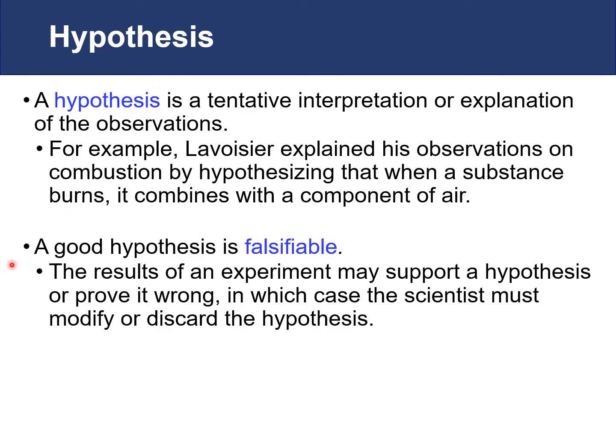So for a good hypothesis, again, it needs to be falsifiable. The results of an experiment may support the hypothesis or prove it wrong, in which case we need to go back and either modify the hypothesis or discard it altogether.